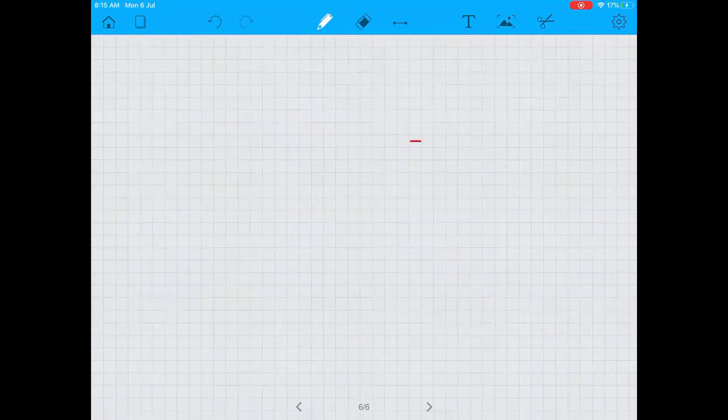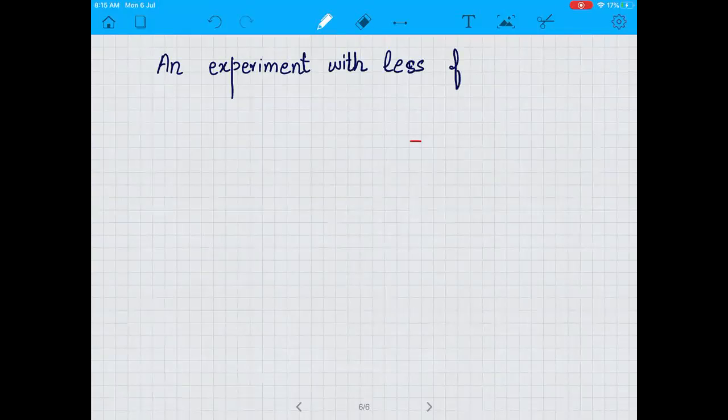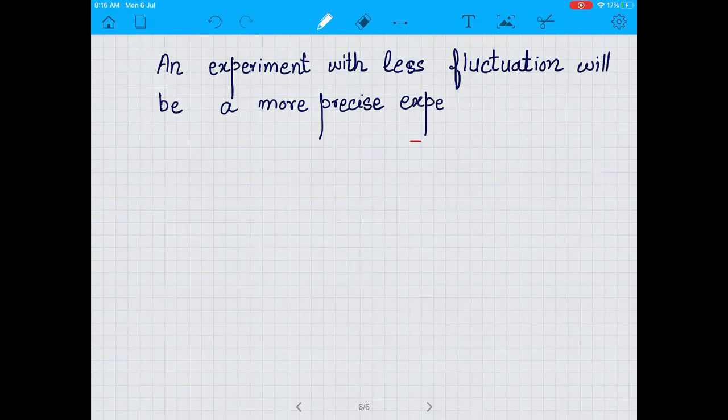So basically, an experiment with less fluctuations will be a more precise experiment.